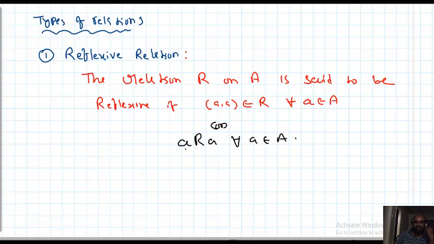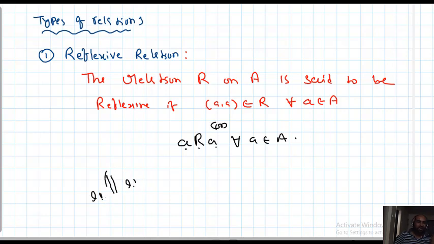Observe here, a should be related to a. Through an example I will explain. Instead of this a, I will take a line L1. Here also L1 only, not L1 to L2. What should we write here? Parallel. If we write parallel, L1 is parallel to L1, true or false? True only, no? Every line is parallel to itself.